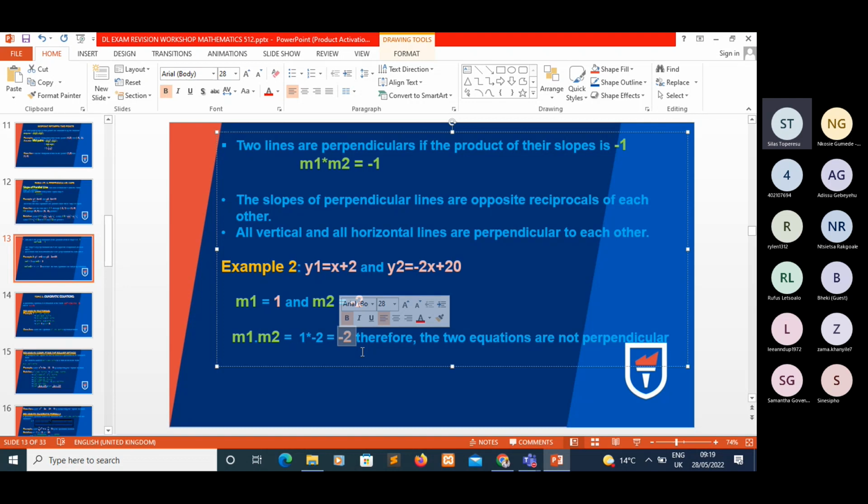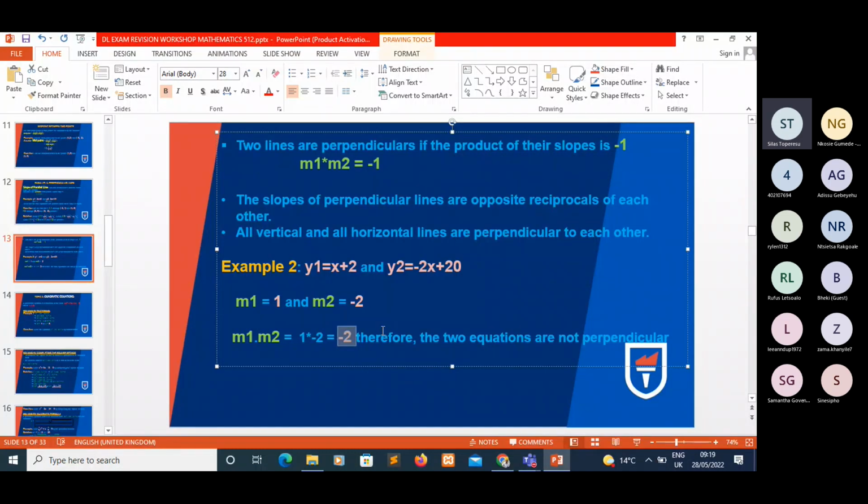That's what you actually have to know. They must give you -1 to show that they are perpendicular. To prove that they are perpendicular, they must give you -1. If they give you any value that is not -1, they are not perpendicular. That's what you have to remember always. To determine whether two equations are perpendicular, you determine their slopes, multiply their slopes, then check whether the result equals -1.